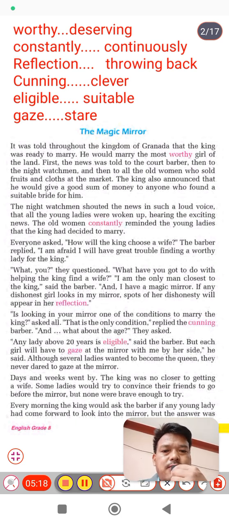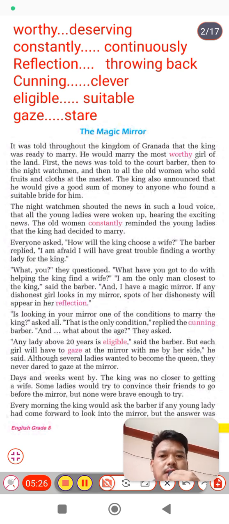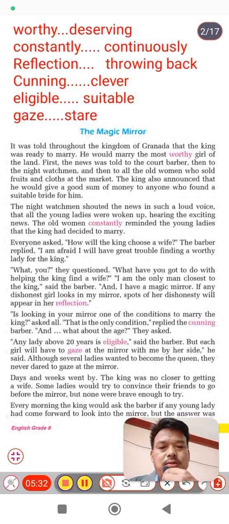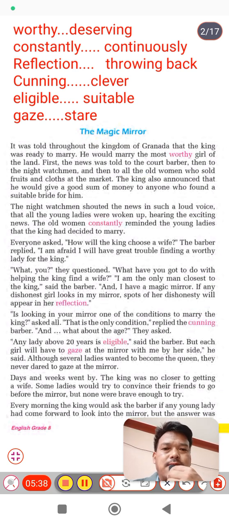Then the night watchman, then all the old women who used to sell fruits and clothes at the market. So all of them were informed about this news that the king was going to marry.